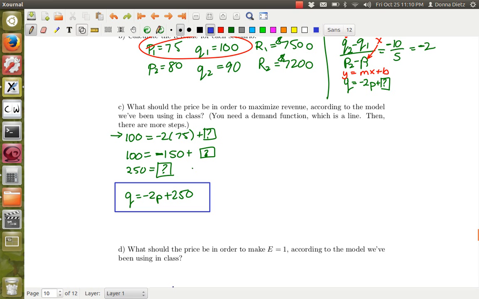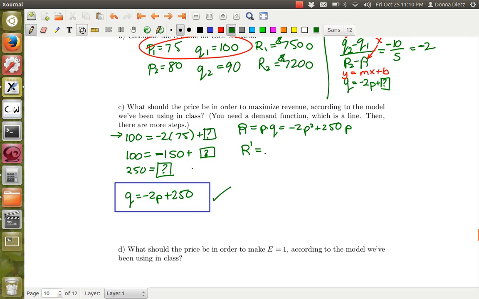All right, so what should the price be in order to maximize revenue? So we need to know what the revenue is. Revenue is price times quantity, so you just take this formula and multiply by P. And then take the derivative, set it equal to 0, or you can just say minus b over 2a, so it's going to be 250 over 4.